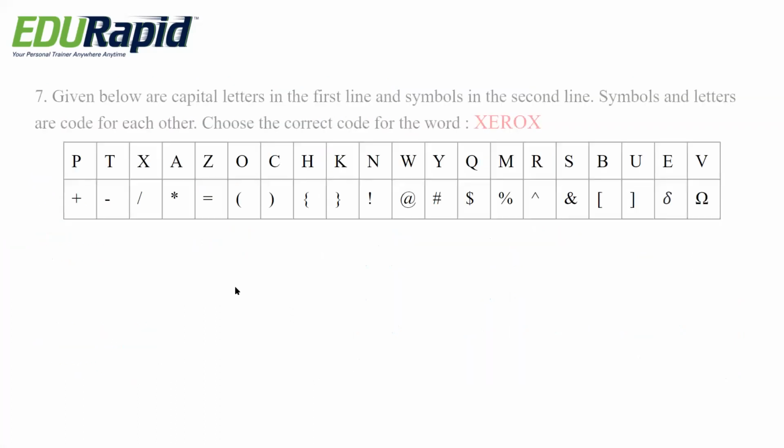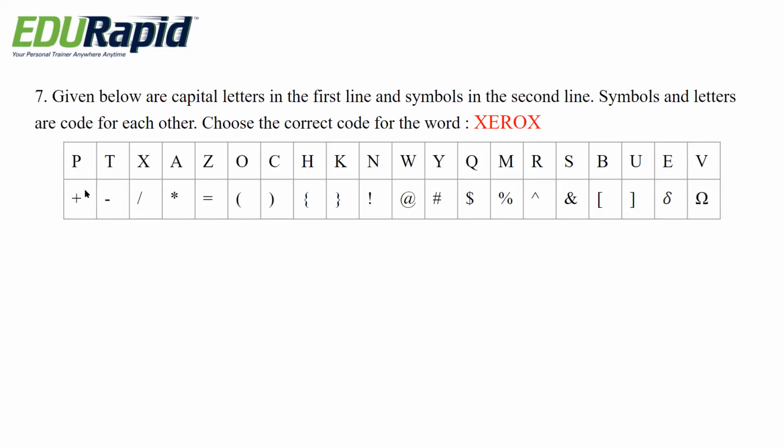Next question. Given below are capital letters in the first line and symbols in the second line. Symbols and letters are code for each other. Choose the correct code for the word XEROX. In these two rows, the first row is capital letters, and each is coded as a symbol.